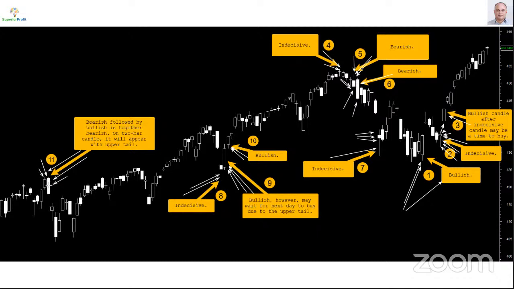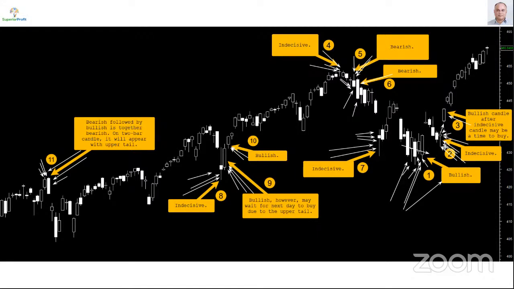If you combine the two candles together, either you will have indecision or reversal. So in this case, reversal. In this case, indecision, indecision. If you combine bearish, somewhat bullish, bearish, somewhat bullish, then bullish, all of them together, it is also showing reversal.